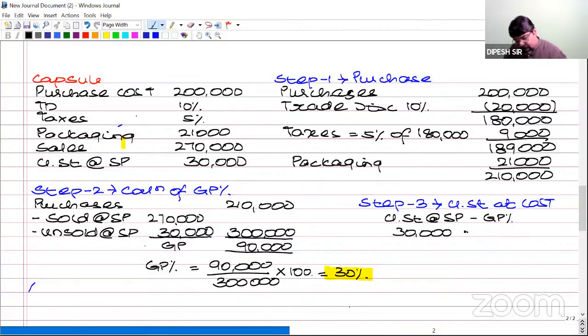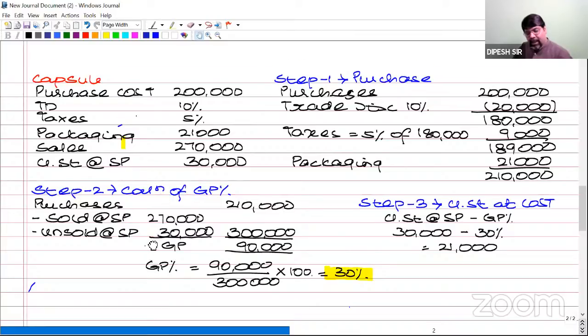Closing stock at selling price is how much? 30,000, given in the question. Minus GP percent, 30%. That is 21,000. That means closing stock, if it is sold, would have been sold at 30,000. What is its cost? 21,000.